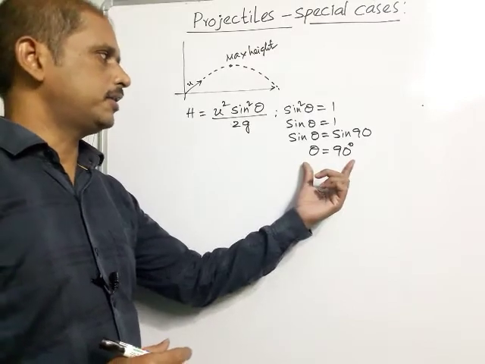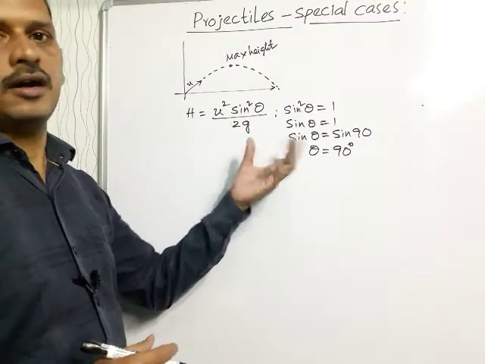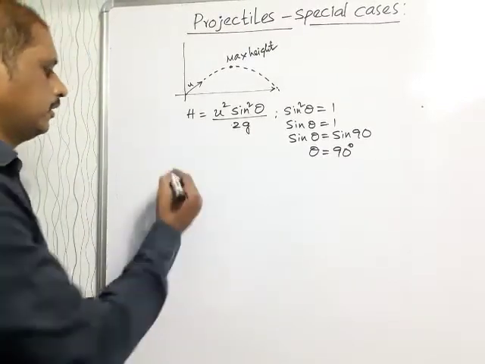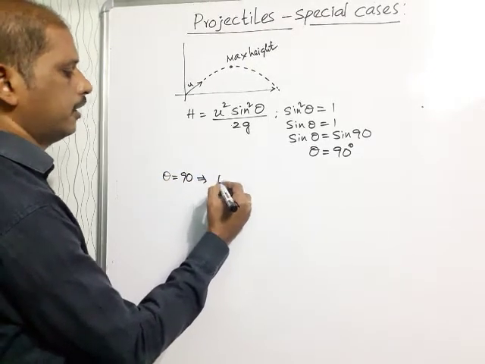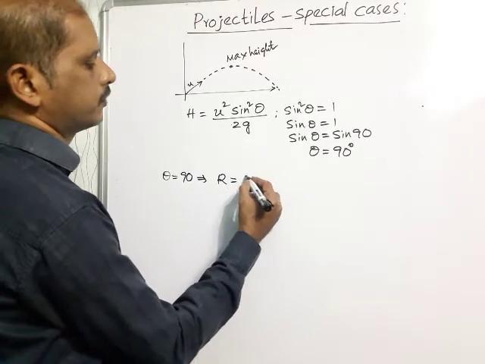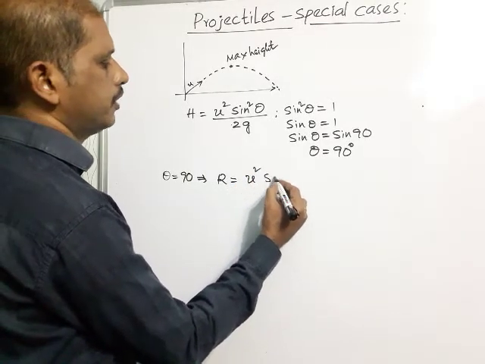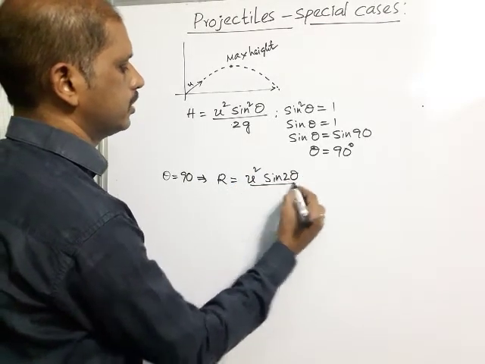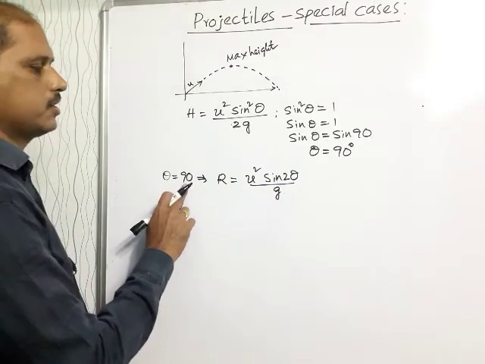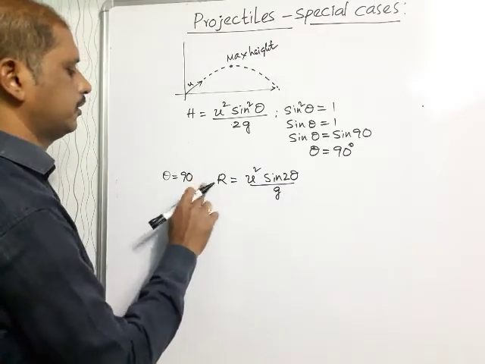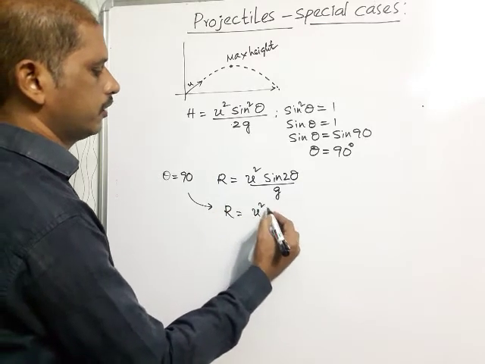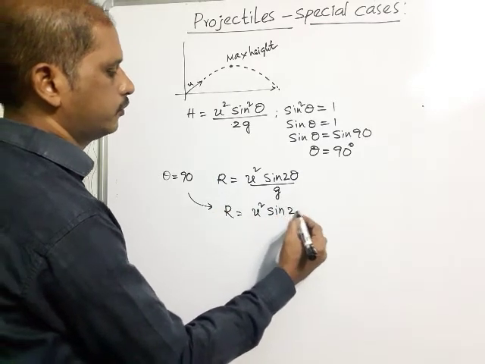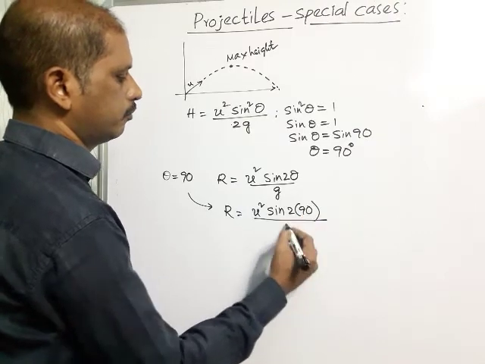When theta is 90 degrees, what is the range we can get? If theta is equal to 90 degrees, we know the range formula: r is equal to u square sin 2 theta by g. So if theta is 90 degrees, r is equal to u square sin 2 into 90 by g.